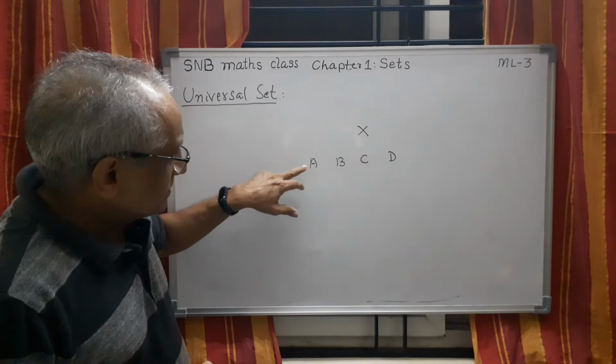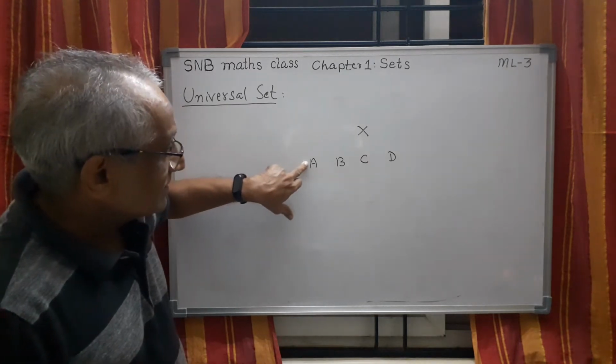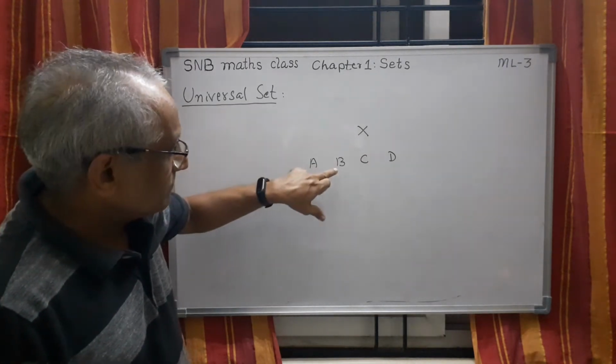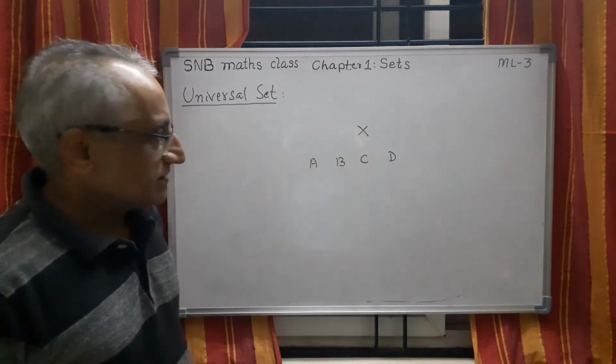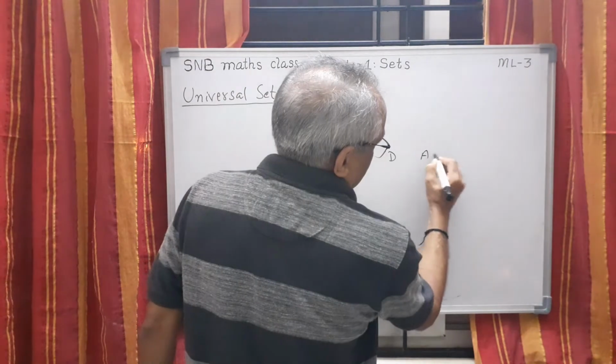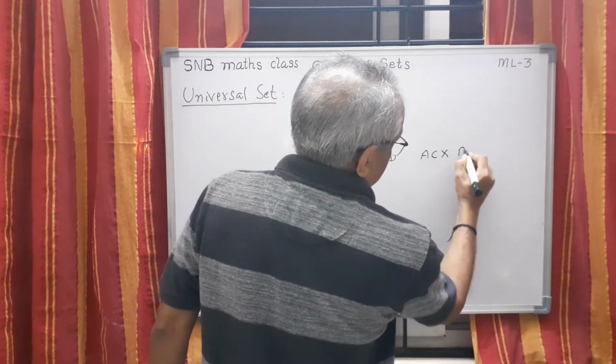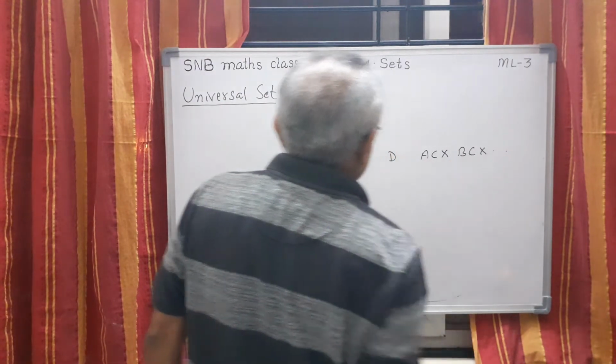Then the students belonging to section A is a subset of X. Similarly, B also subset of X, C also subset of X, D also subset of X. Therefore, I can say A is a subset of X, B is a subset of X, etc.